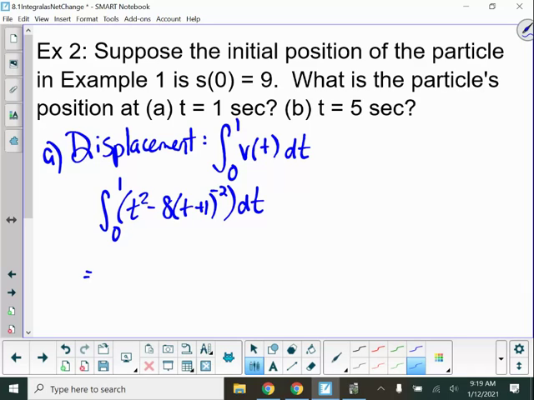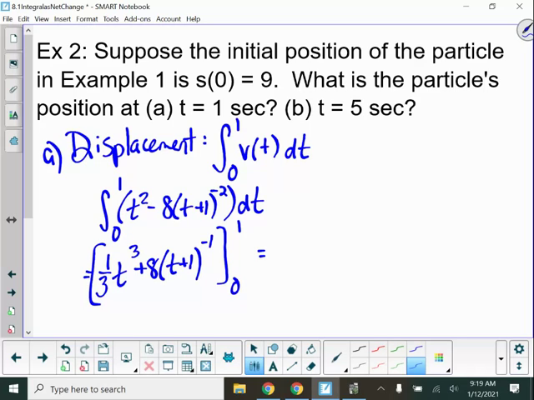So if I do the antiderivative there, I get 1/3 t to the 3rd. With this one, I'm going to add 1 to the exponent, so it's going to be to the -1, and then I divide by the new exponent, so it's going to be plus 8 times (t plus 1) to the -1 power. And then we're evaluating that whole thing from 0 to 1.